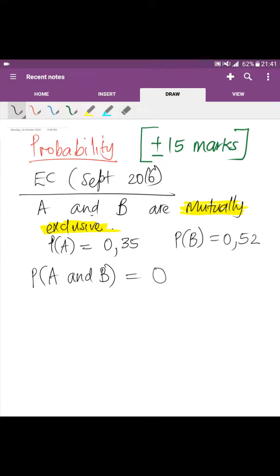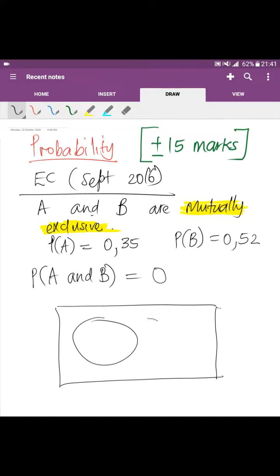So what happens when you look at your Venn diagram? I'll just quickly go through the theory for you guys, because this is your revision. I'm not trying to teach you a new concept. If you've got events A and B, according to this diagram, your events A and B are inclusive.